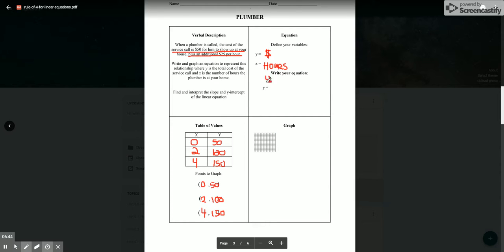And so for our slope-intercept form equation, the y value of the y-intercept, that's our b. So we're going to have y equals whatever our slope is times x plus 50.